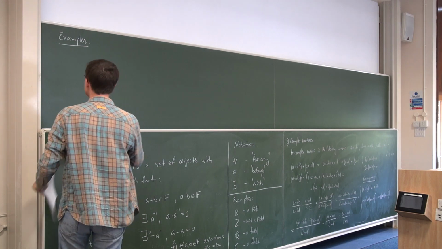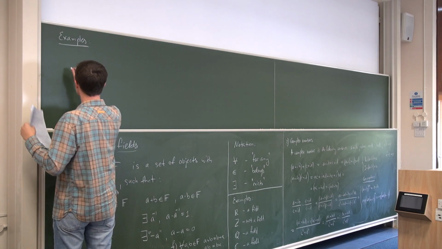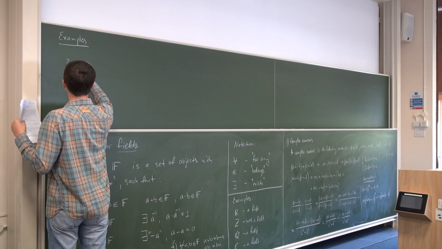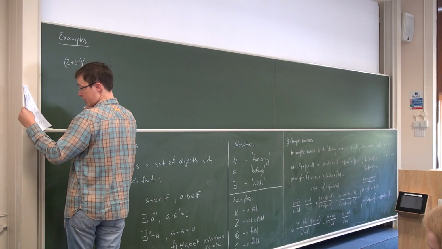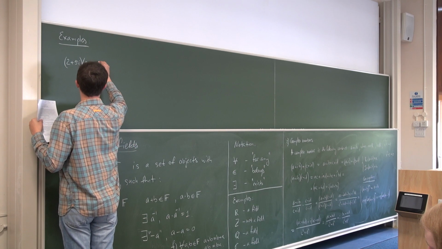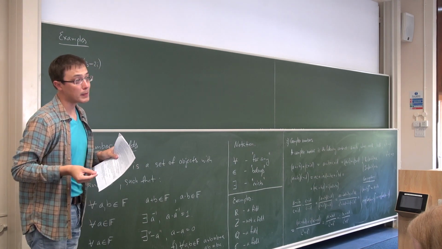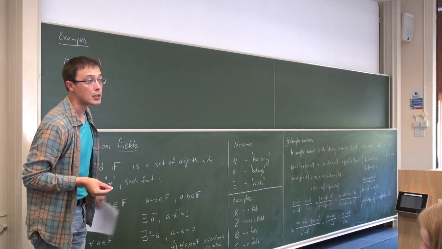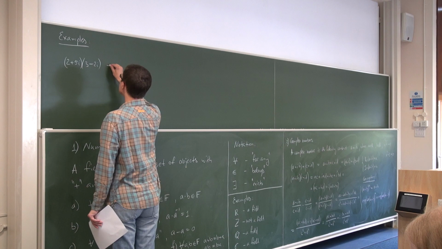Okay, so let's say (2 plus 5i) times (3 minus 2i). Open the brackets, multiply up. Remember that i squared is minus 1. Nice and easy.